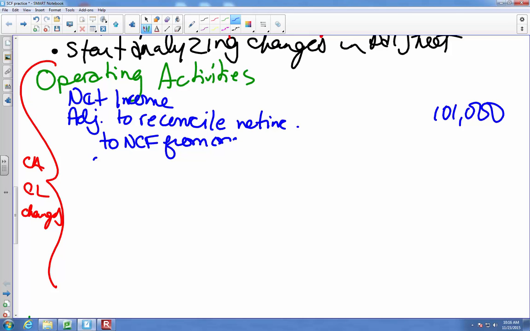Okay, Sherry, did you find any non-cash items on the income statement? Yes, what would you like to share with us? So, what does this say? Adjustment to reconcile net income to net cash flow from operations. So, what does that loss do? Did that increase or decrease your P&L?